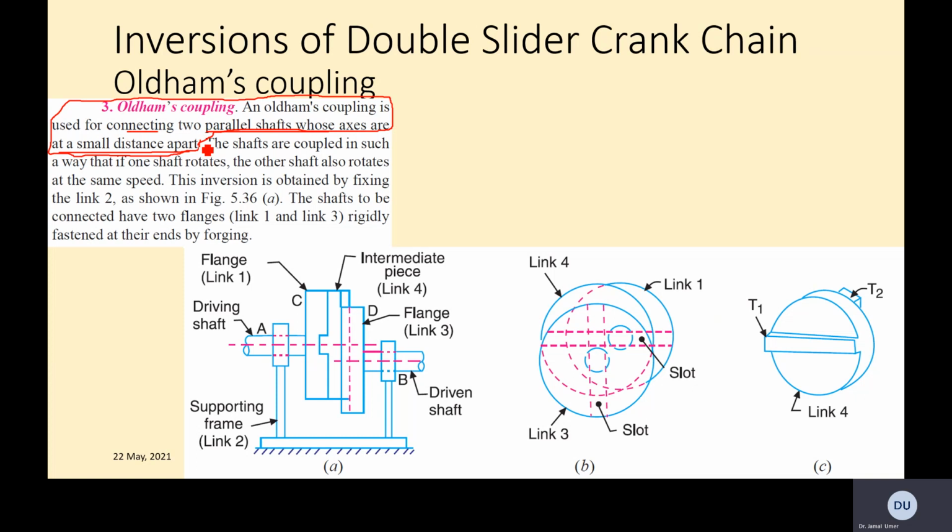But the problem is the shaft has to be in the same axis. But because of different complexity in engineering equipments, it is likely that the shaft axes are not in the same axis. So they are in different axes. So then the shaft cannot really be used because a shaft needs to be a straight line axis.